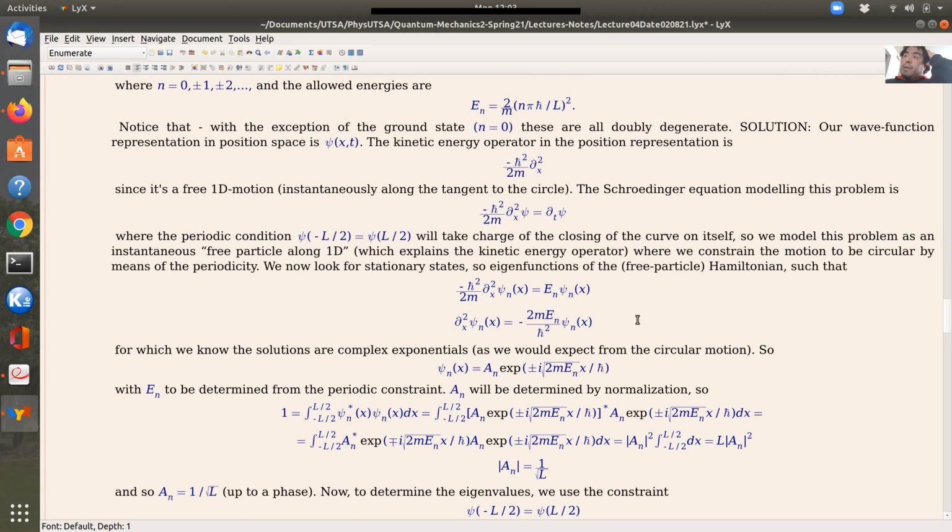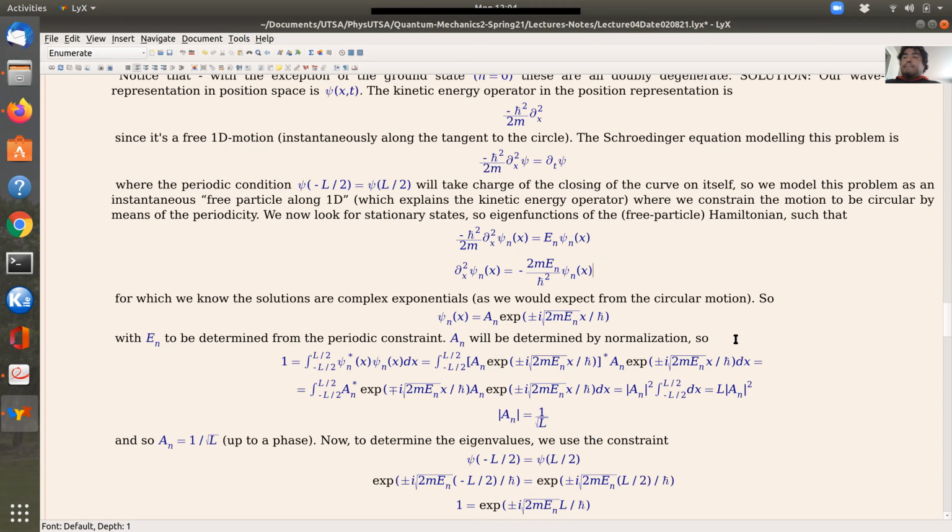These can be either sines and cosines, or you can choose a solution with complex exponentials. So anyways, this is what you would expect because you have circular motion and periodic conditions, so you have oscillations. This is nothing unexpected. In fact, you can guess it partially from the free particle problem. So if you solve the equation, the general solution for psi_n is a coefficient multiplying the exponential e to the plus or minus i, square root of 2m E_n, times x divided by h bar.